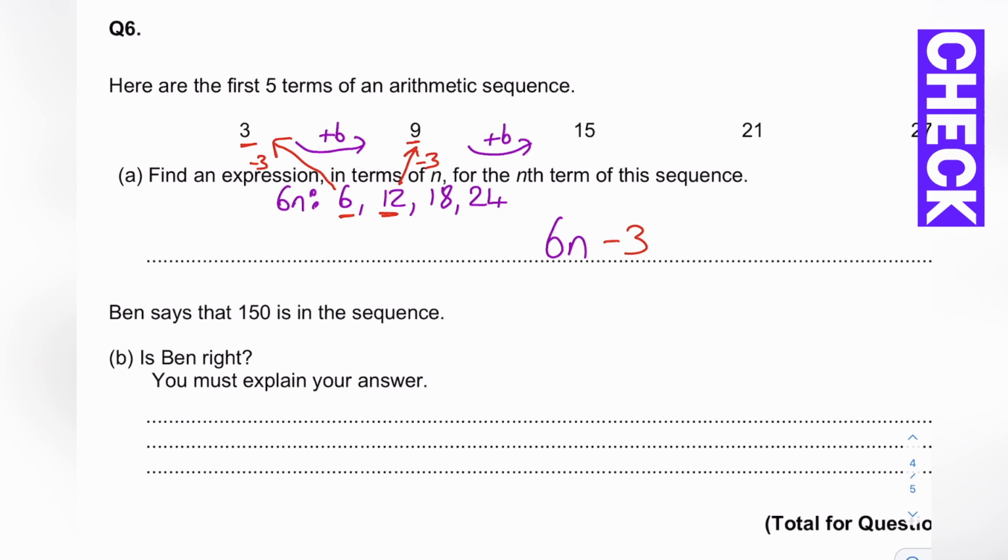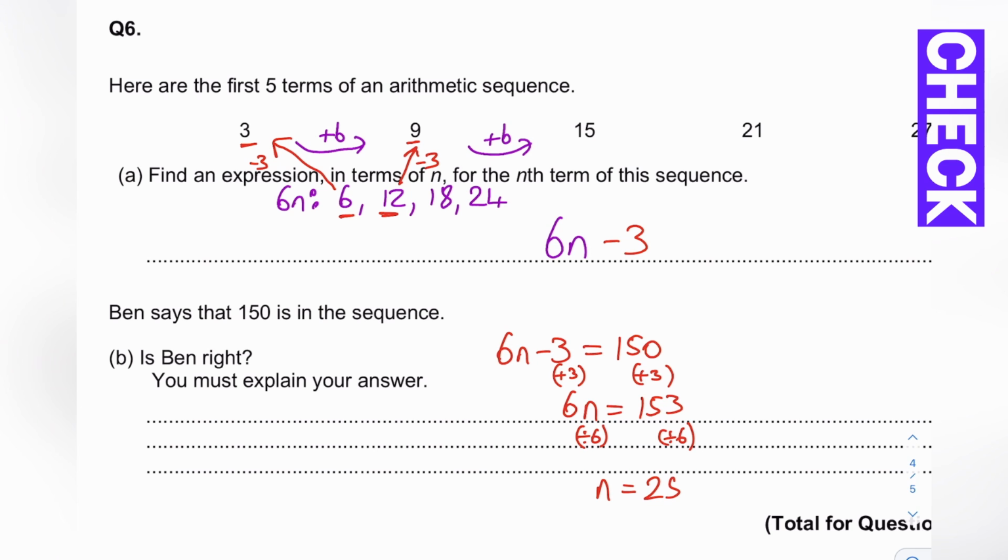Ben says that 150 is in the sequence. Is Ben right? So again, just like before, we write down our nth term, we put it equal to 150. We now have to solve this equation. So here we're going to first of all add 3 to both sides, and that leaves us with 6n is equal to 153, and then divide both sides by 6 to get what n is equal to.